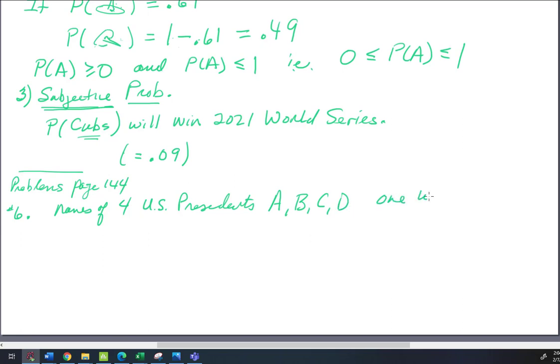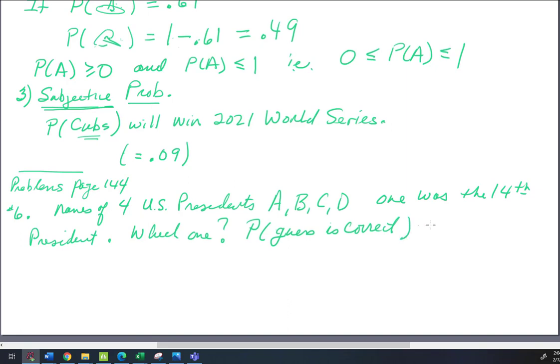One of these was the 14th president. Which one? If you just answer by guessing, the probability that your guess is correct is equal to, now if you're just guessing, then each outcome has a probability of 1 out of 4 of being correct.